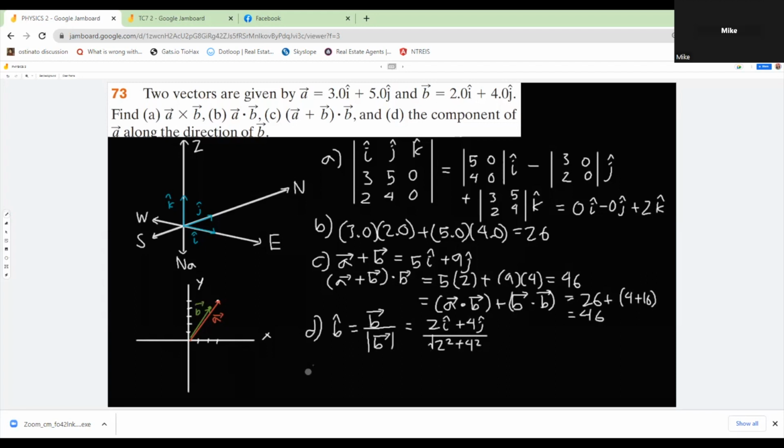And then therefore A dot B hat is equal to A dot B, which is 6 plus 4 times 5, 20, over this. What's this? 4 plus 16, 4 plus 9. About 5.81.